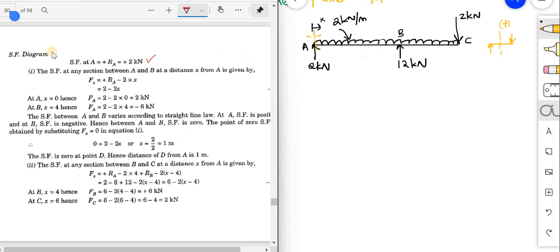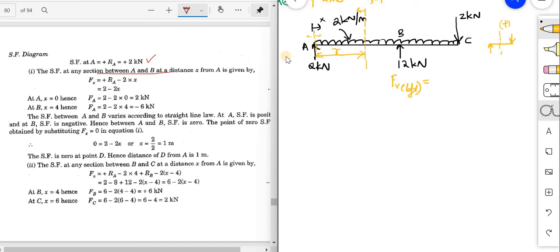Now I am having two regions, that is region AB and BC. I am considering a section between A and B, at a distance X. Let the force at this section be Fx, and I am taking the forces to the left of the section.